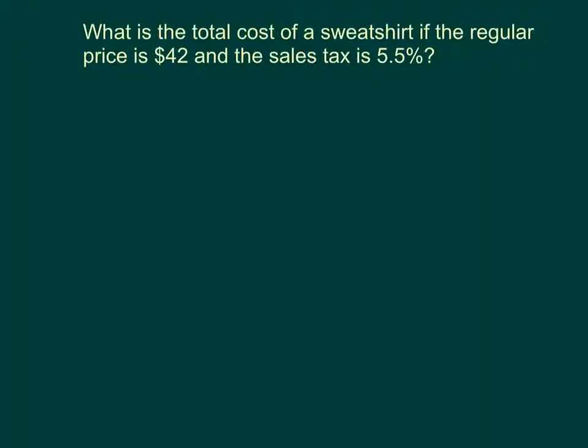Pause the video to try this example. So in this example, I'm going to do the method where you find how much of the regular price you're paying in sales tax, and then you add that to the original price. So to do this, you say that the original total is $42, and the sales tax is 5.5%.